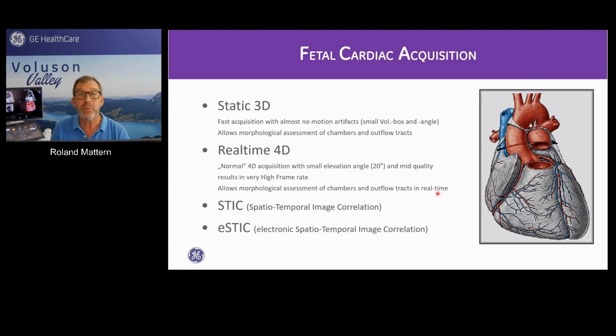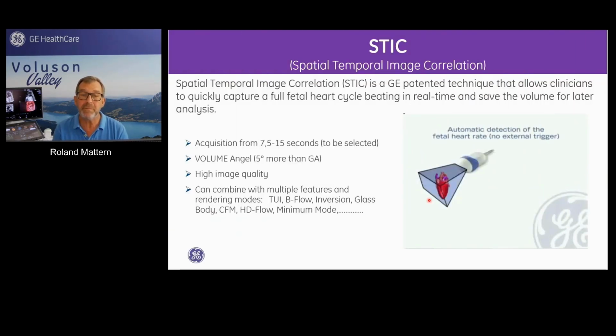Now the next step will be STIC and e-STIC. How does it work? On STIC you have to set up the system and give the system some information about what is needed. For example, the acquisition time, which can be selected between 7.5 and 15 seconds.